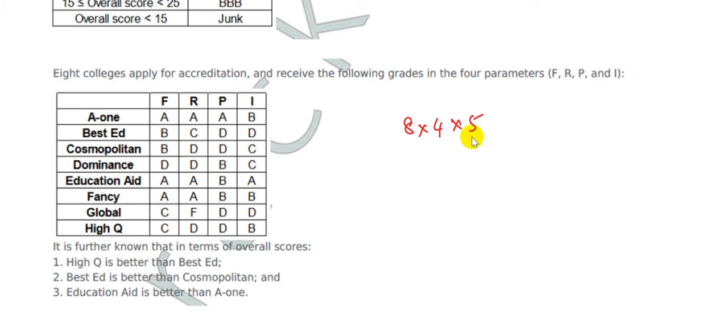So that means I am getting a number of variables as 20 into 8, which is 160, right? So this question is not a very simple one. So this should be clear to you. Okay, it will take some time. So let's see.